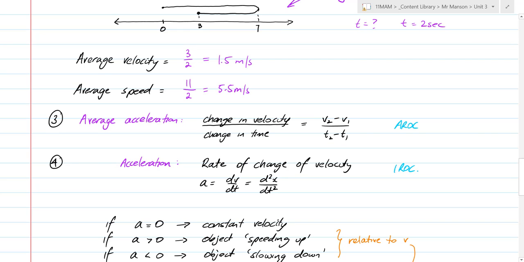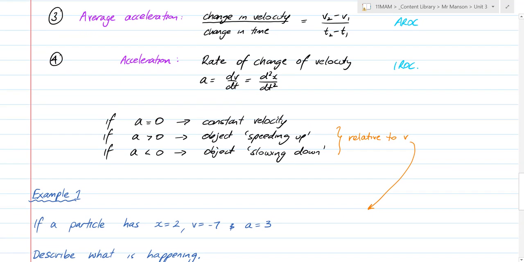Here's a little language thing, and this will be important for your PSMT. In terms of acceleration, if your acceleration equals 0, that means that you are not speeding up or slowing down. That means you've got constant velocity. So an acceleration of 0 is constant velocity. If your acceleration is greater than 0, then you're speeding up.